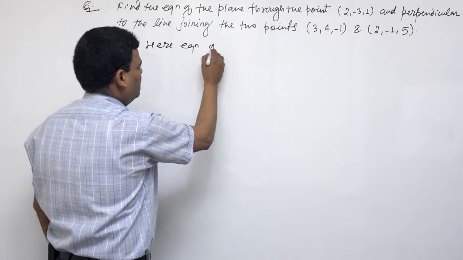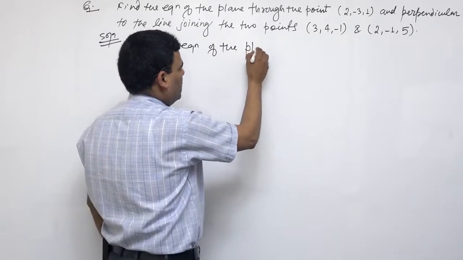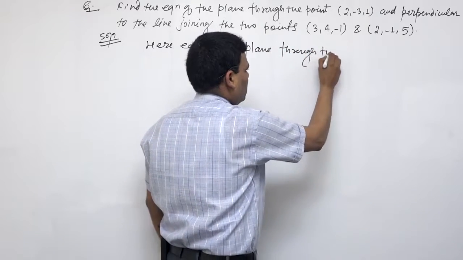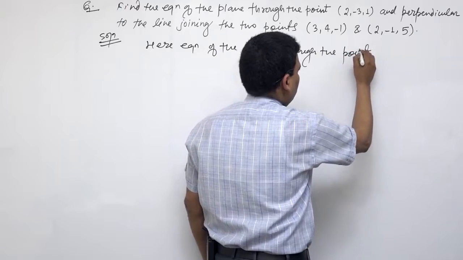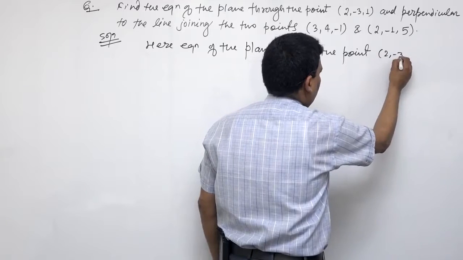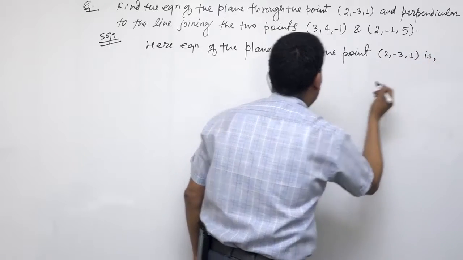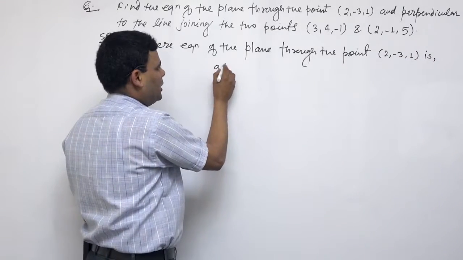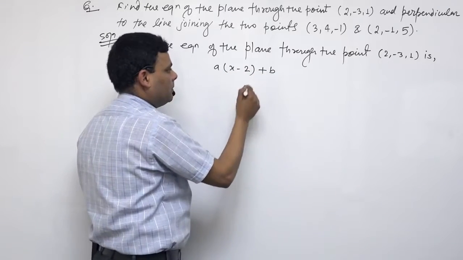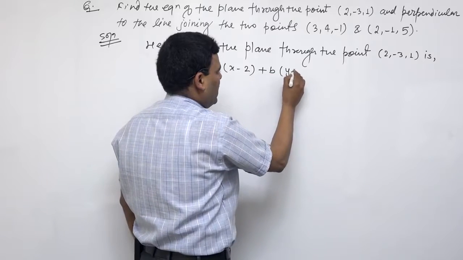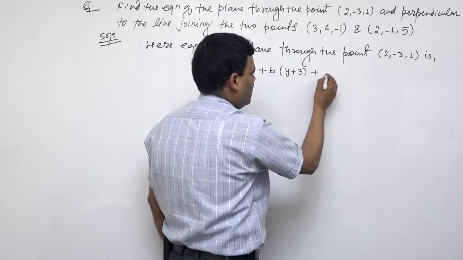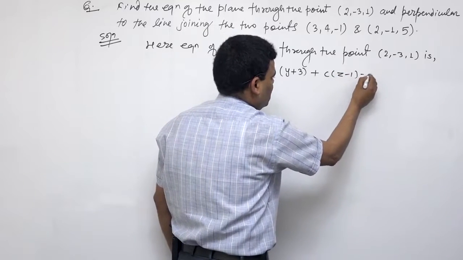Here, the equation of the plane through the point 2, minus 3, 1 is a into x minus x1, where x1 is 2, plus b into y minus y1, where y1 is minus 3, plus c into z minus 1 equals to 0.